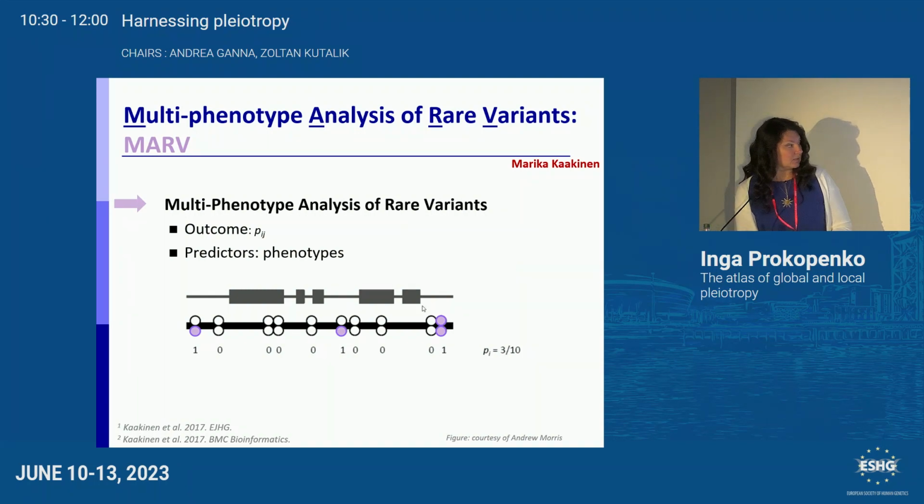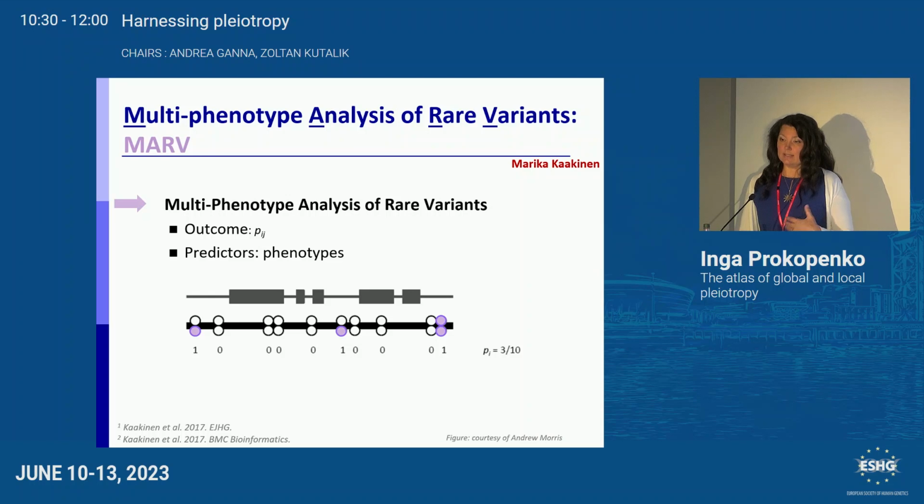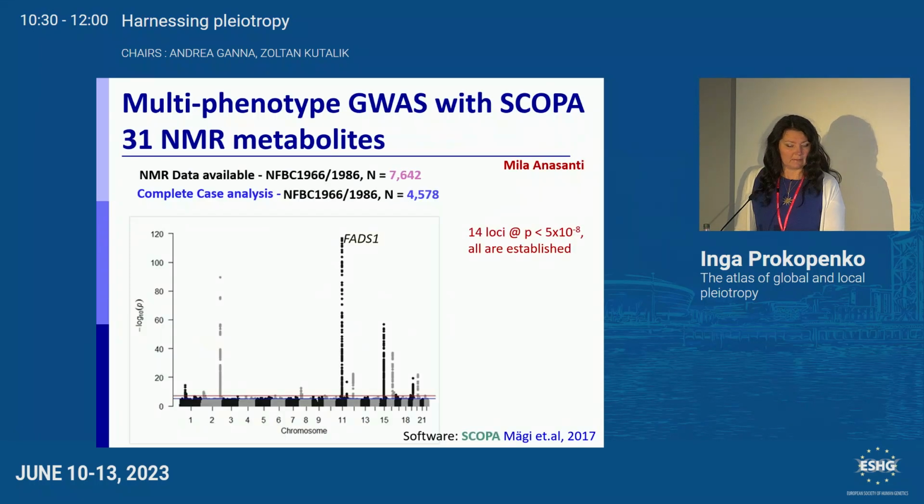And you can see this counting, right? So how many variants bear rare alternative allele 1, 2, and 3. That's why we are making a proportion of 3 out of 10. And that's why we can calculate all other analyses similarly to common variants. So it is a collapsing method.